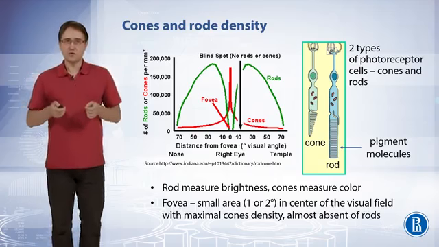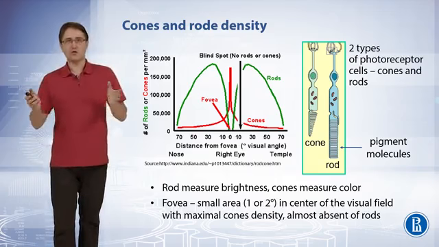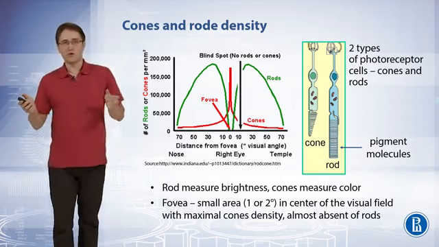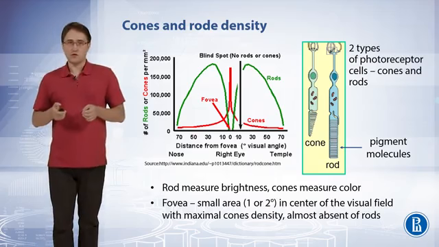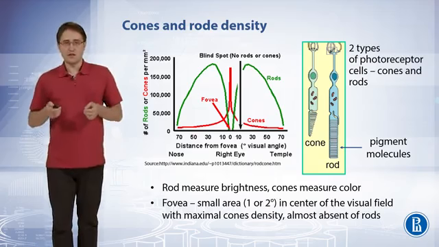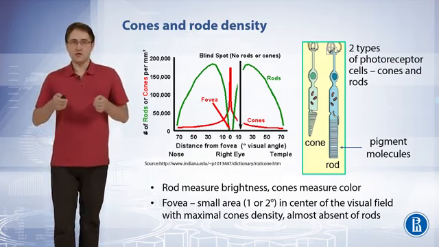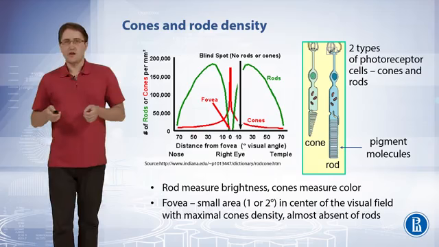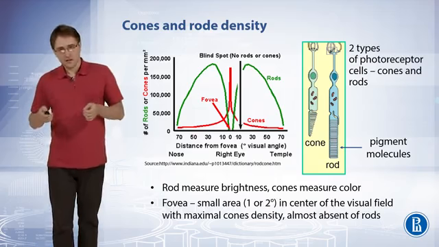During the night, if you look at the sky, you can see a sea of stars. There are a lot of stars around you and you feel all of them. It's very different from when we are looking at the sky during the day. The reason for this is that during the night the cones do not work properly because they require a larger intensity of light, and the rods are sensitive to light even in the low intensity range.